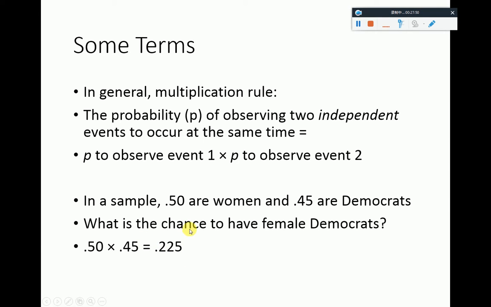That's the probability of observing a female Democrat if being a woman has nothing to do with being a Democrat.